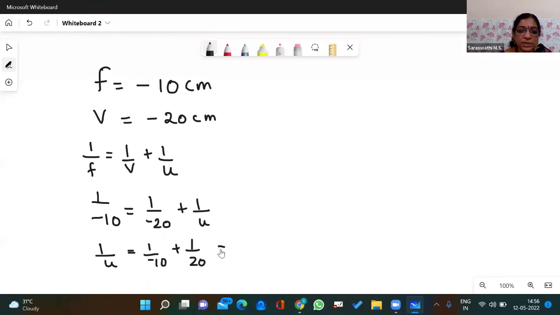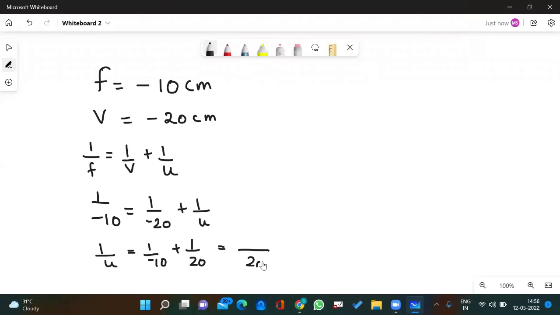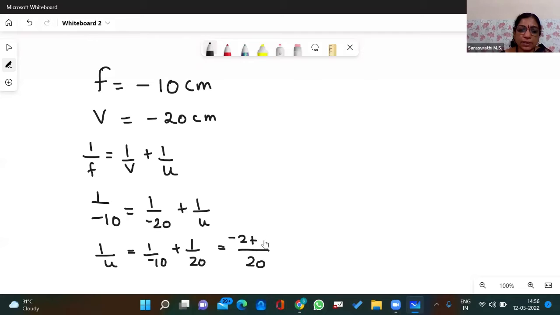Right? So LCM is 20. So you get here minus 2 plus 1, which is minus 1 by 20, or U is equal to minus 20. You are right, somebody told me it is minus 20. Yes. That is the correct answer.